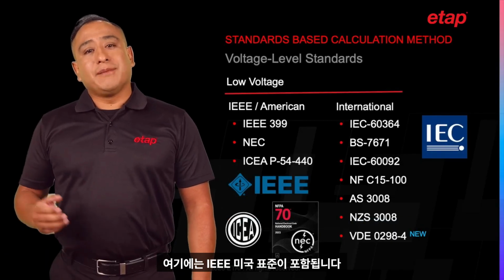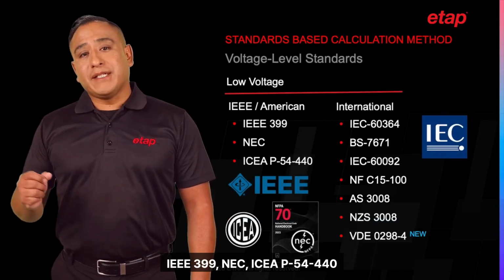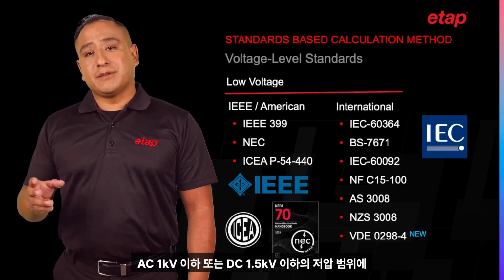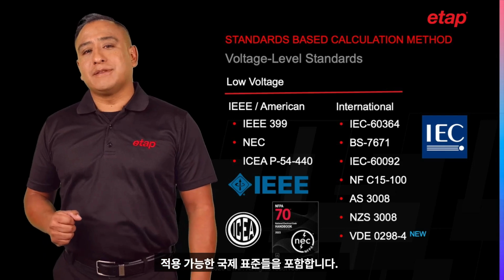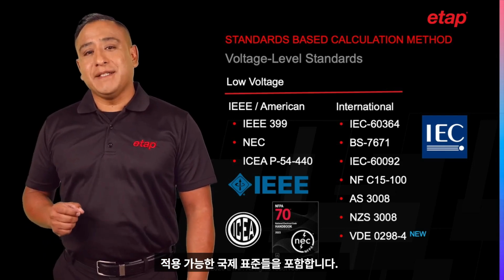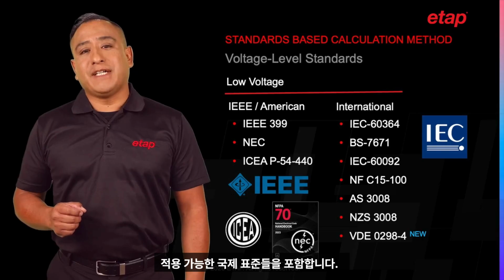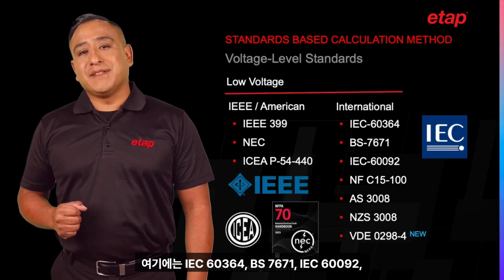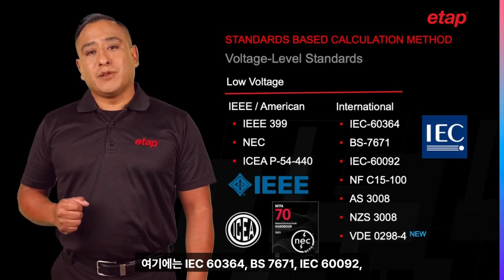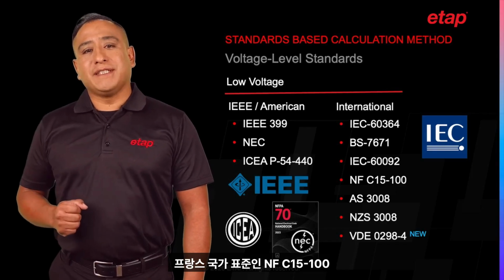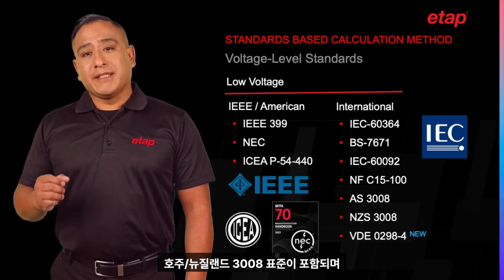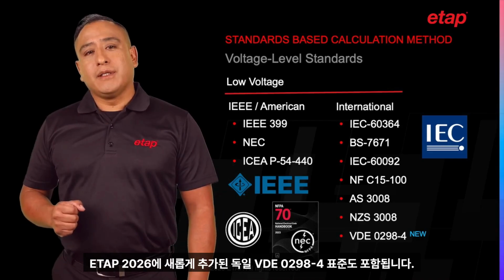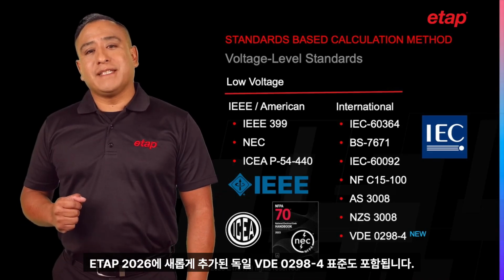These include IEEE American Standards, IEEE 399, NEC, ICEA P-54-440, and international standards which are applicable to low voltage levels equal to or less than 1 kV AC or voltages less than or equal to 1.5 kV DC, including IEC 60364, BS 7671, IEC 60092, National French Standard NFC 15-100, Australian and New Zealand 3008 standards, and German VDE 0298-4 standard, which is a new standard provided in ETAP 2026.